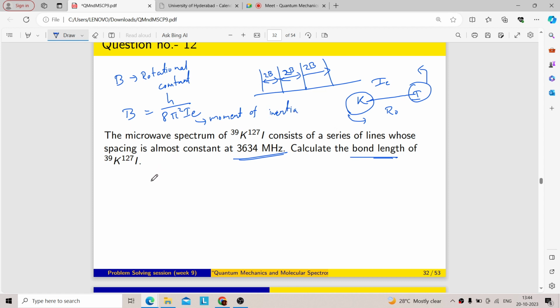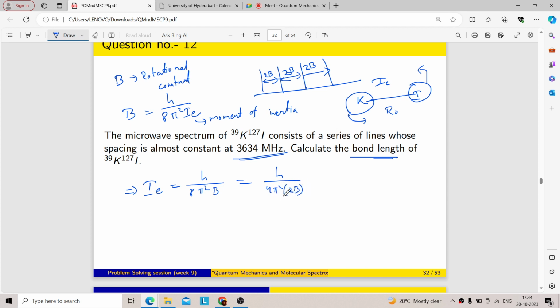Okay, now if I rewrite this equation in terms of I_e, I will get h over 8 pi square b. Let me arrange this. It will be h over 4 pi square 2b.